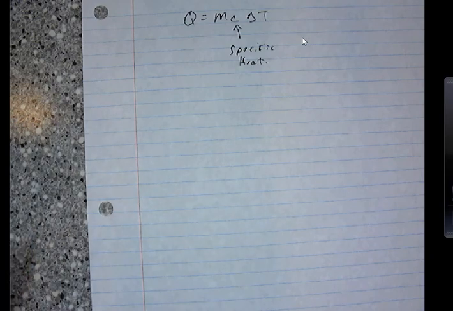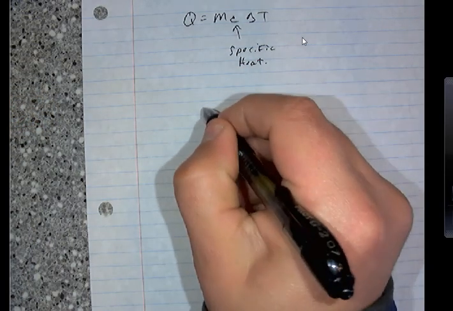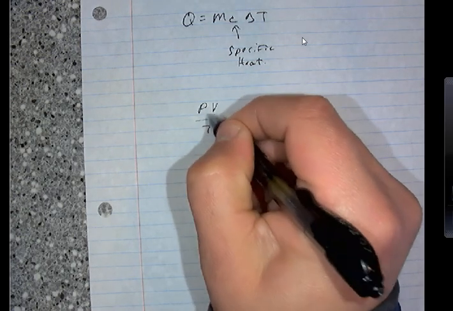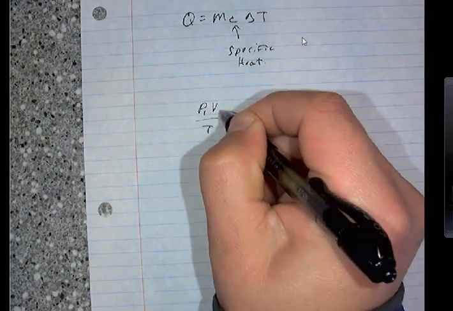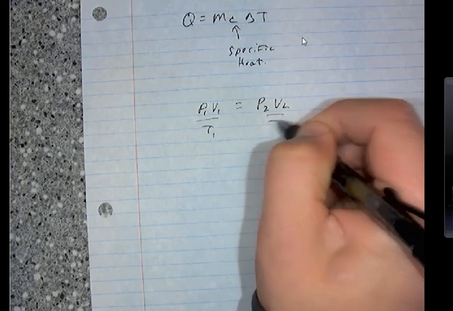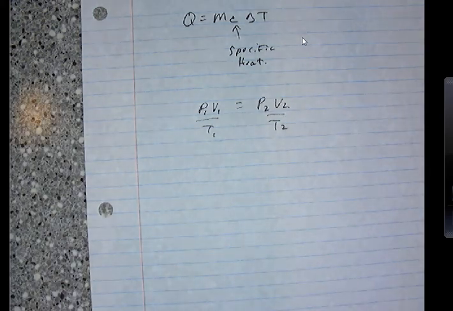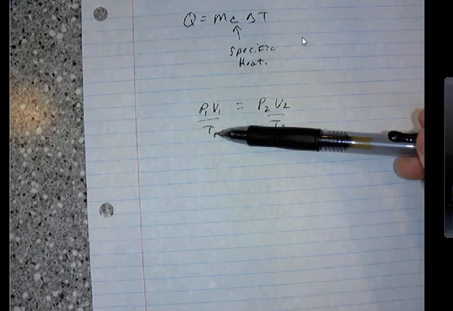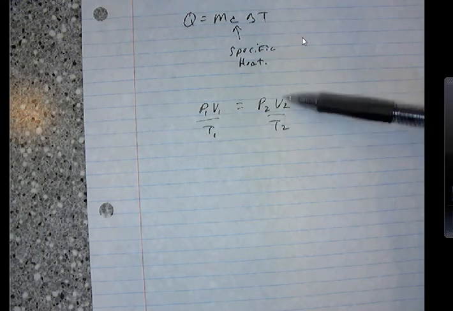So again, if n is the same, and we have Boltzmann's constant, which is the same, you would have something like PV over T, and you can go P1 V1 over T1 would be equal to P2 V2 over T2. And again, that's keeping the amount of particles the same. Boltzmann's constant, of course, is the same. So if you were to increase the temperature here, what happens over here?